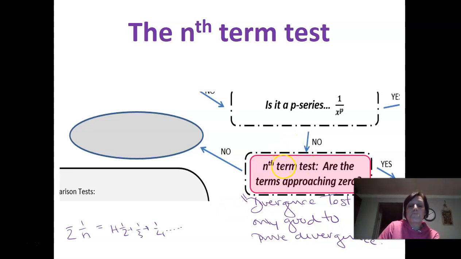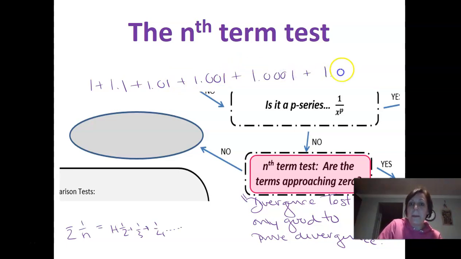So, if the terms are approaching 0, this test is just a big fat fail. Sorry. If the terms aren't approaching 0 though, if the answer is no, these terms are not approaching 0. So for example, look at this series: 1 plus 1.1 plus 1.01 plus 1.001. We can clearly see a pattern here, but my terms aren't approaching 0. My terms are approaching 1.